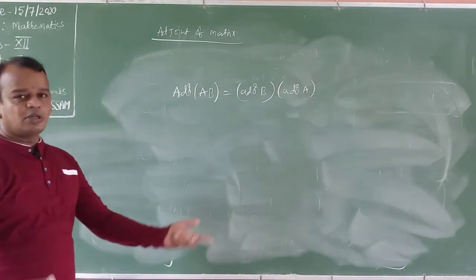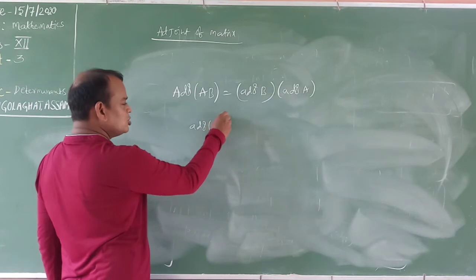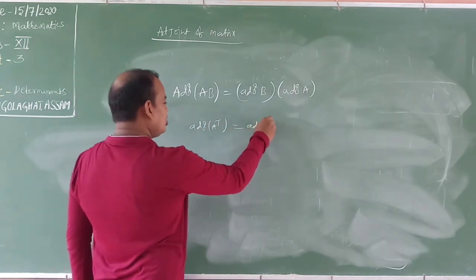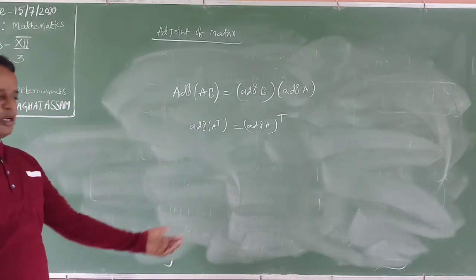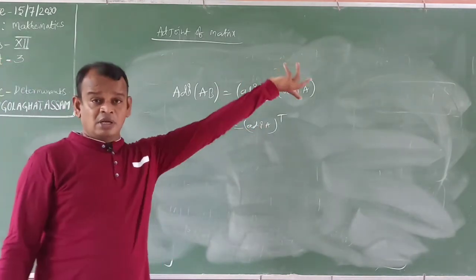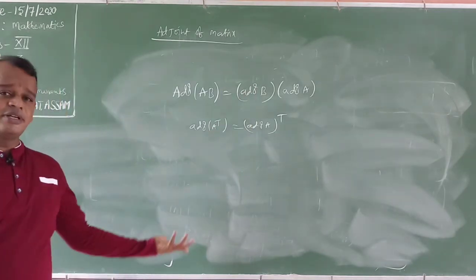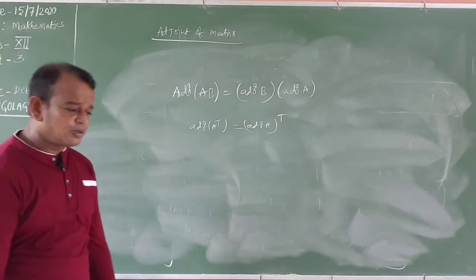Now the adjoint of the transpose: adjoint of A transpose is equal to adjoint of A whole transpose. From the examination point of view, if the adjoint of A transpose is asked, first we find the adjoint of A and after that we transpose the matrix. That is enough. Adjoint of A transpose is equal to adjoint of A whole transpose.